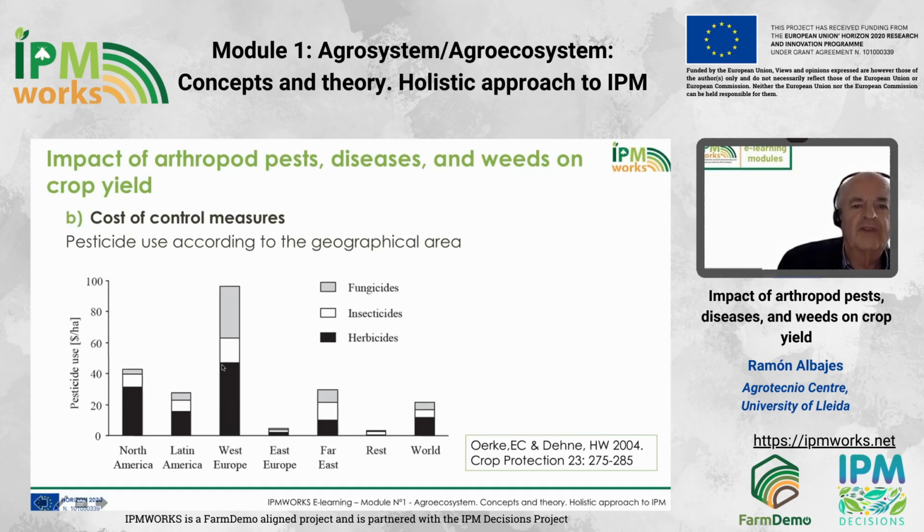About 50% of the cost comes from herbicides in black. Fungicides are about 25%, and 10–15% is due to insecticides. Eastern Europe has the lowest cost of pesticides. Okay?